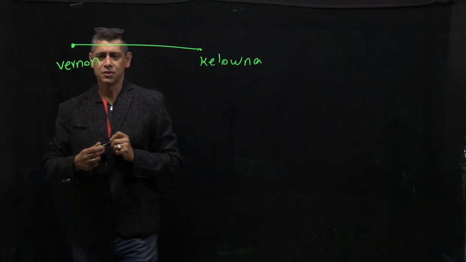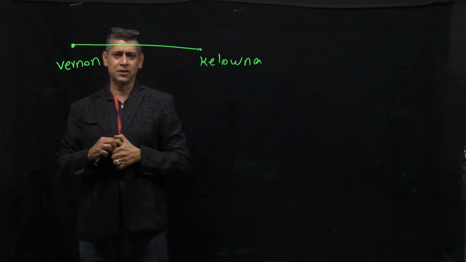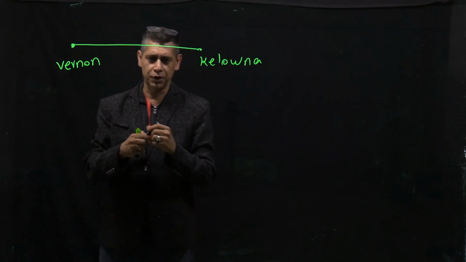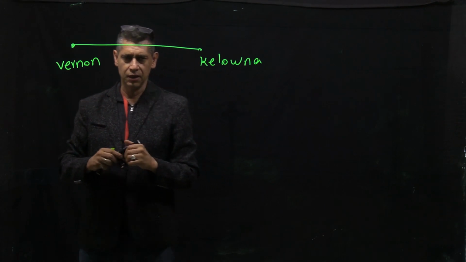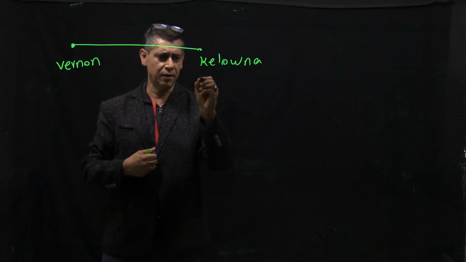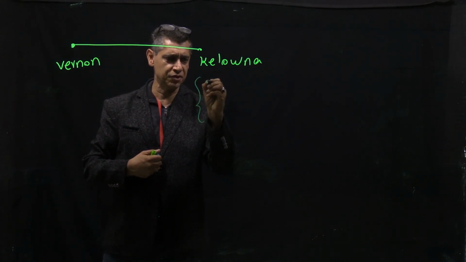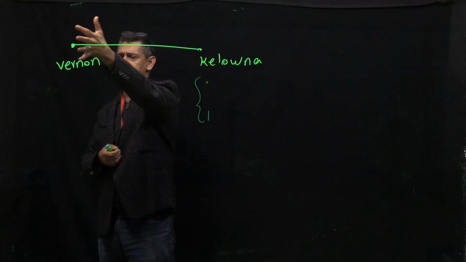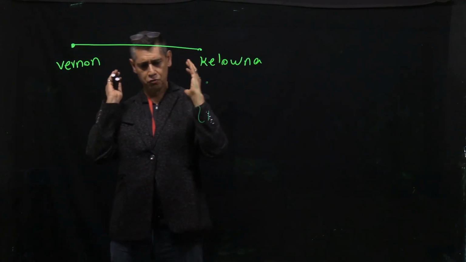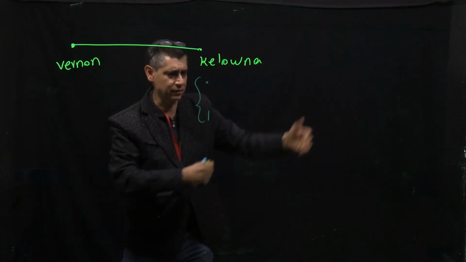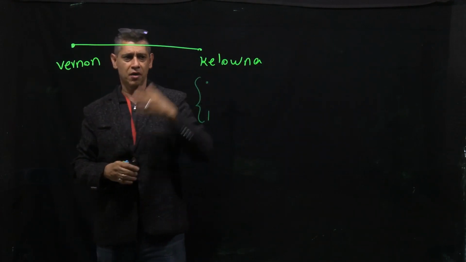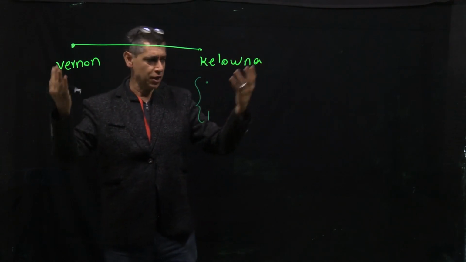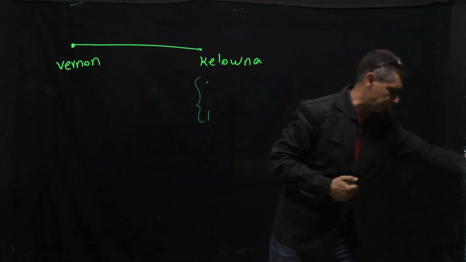Assume we measure the closeness to Kelowna between 0 and 1. If you are the furthest, in Vernon, you haven't even moved, we call it 0% close to Kelowna. If you are in Kelowna, it's completely 1, which is 100%.